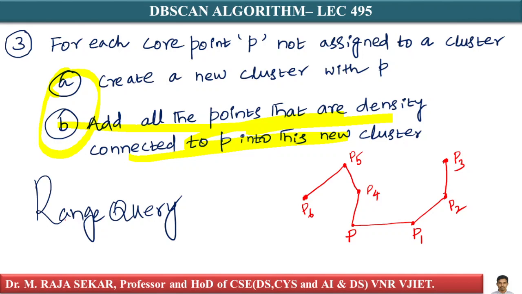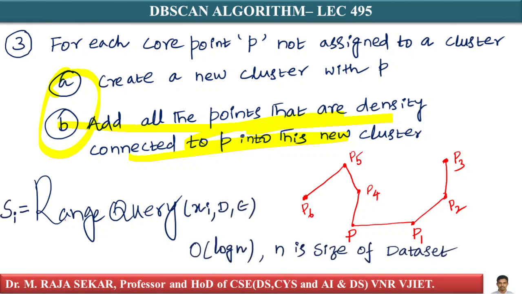We will come to time complexity later, but using good data structures like a KD tree, this can be done in order of log n, where n is the size of your data set. We will come to the computational complexity a little later.